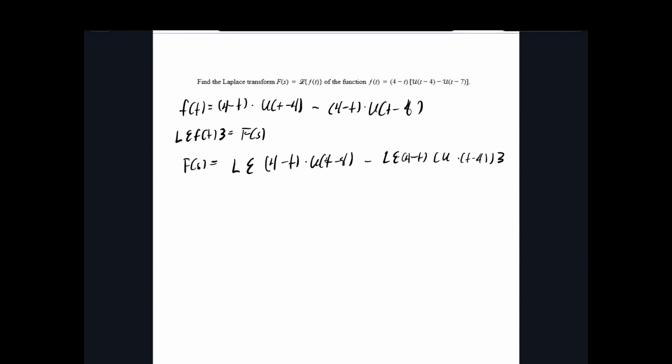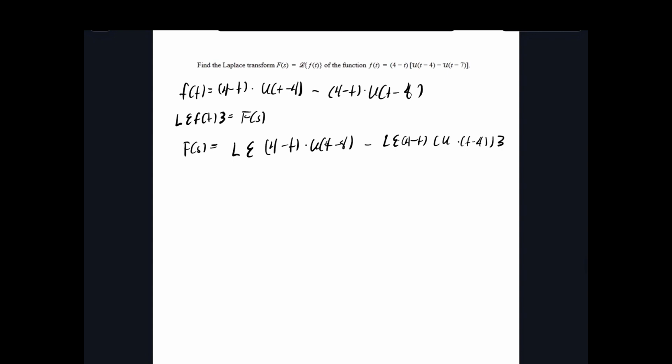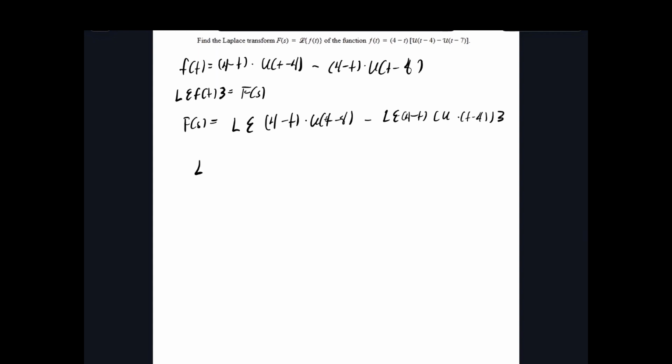Now, what we could do from here is utilize this formula, where I ended up writing it down. I forgot exactly how it was written; it's in the slide decks.